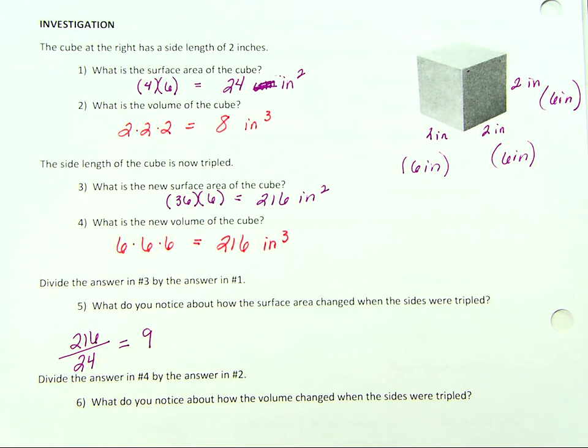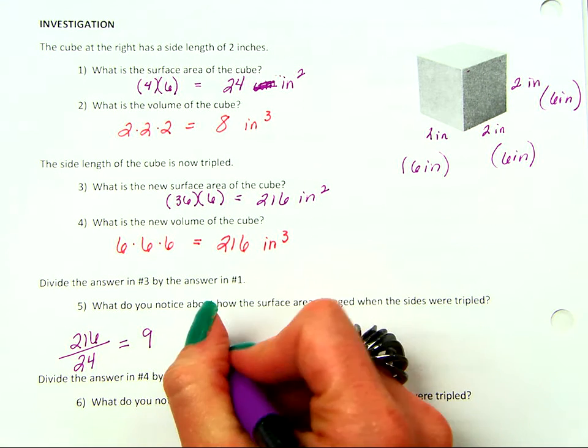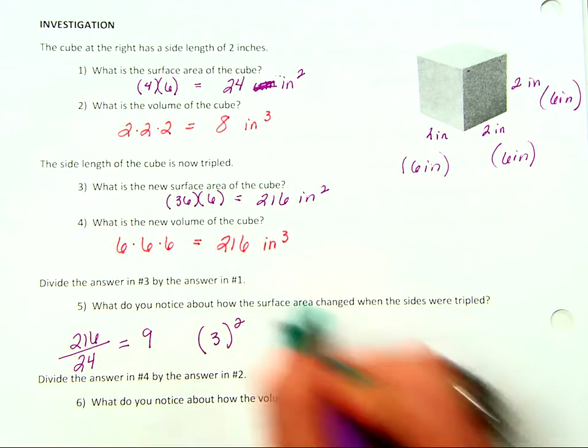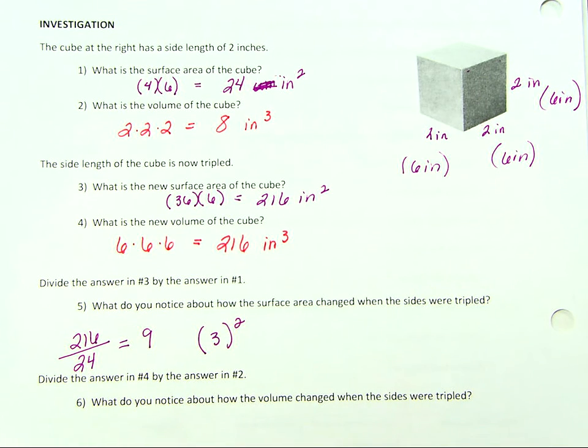What do you notice about how the surface area changed when the sides were tripled? My surface area changed by a factor of 9. Well, 9 is 3 squared, right?